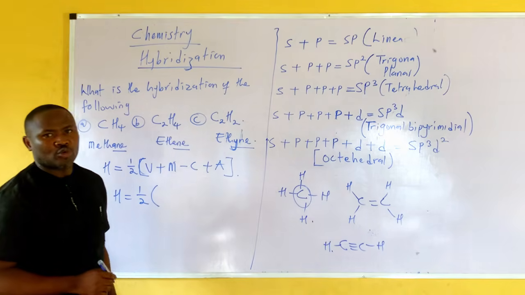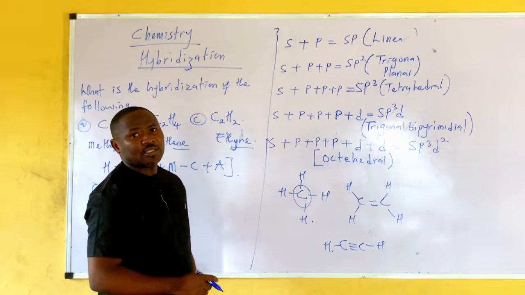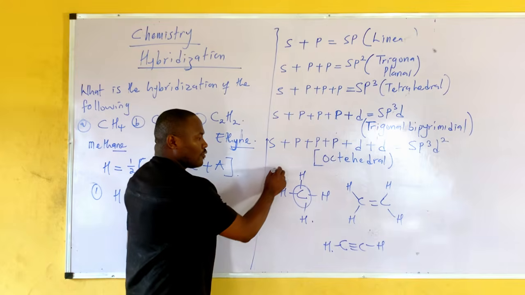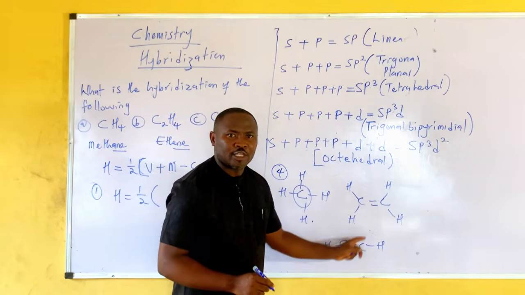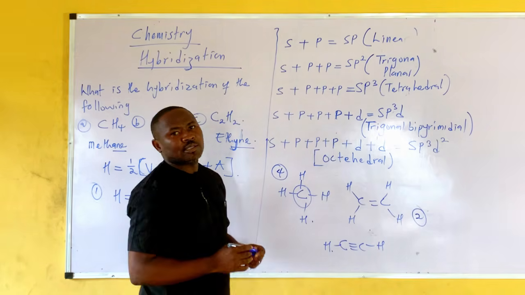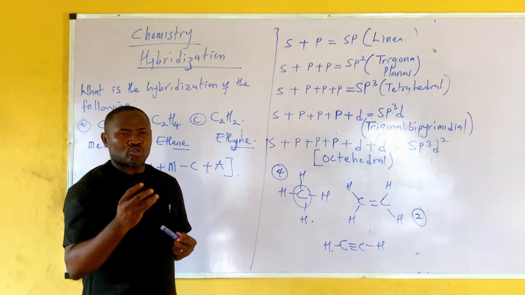What do I want you to know here? I want you to know that the valence electron of the carbon in this is 4, but the valence electron of carbon in this other one is 2. Carbon has two valencies. It's either 4 or 2.